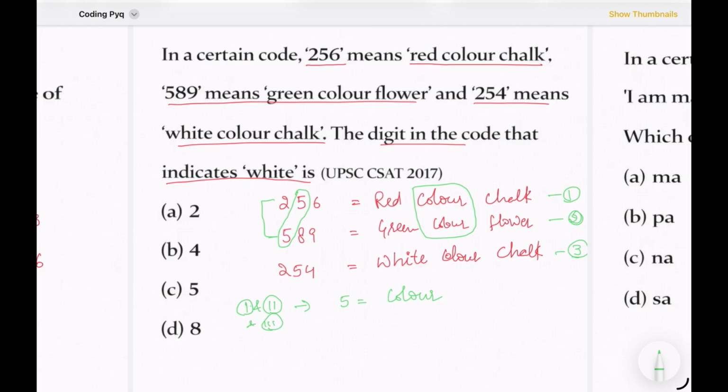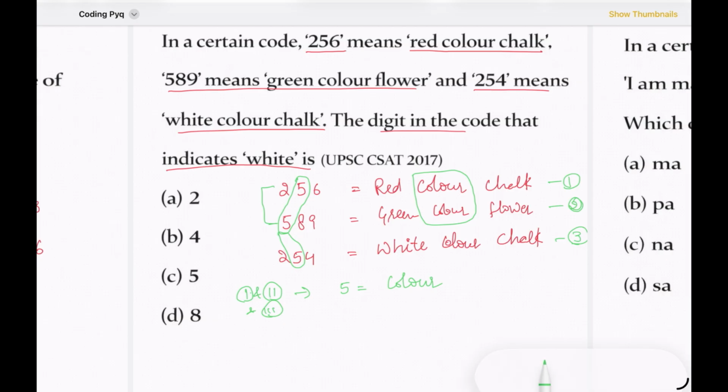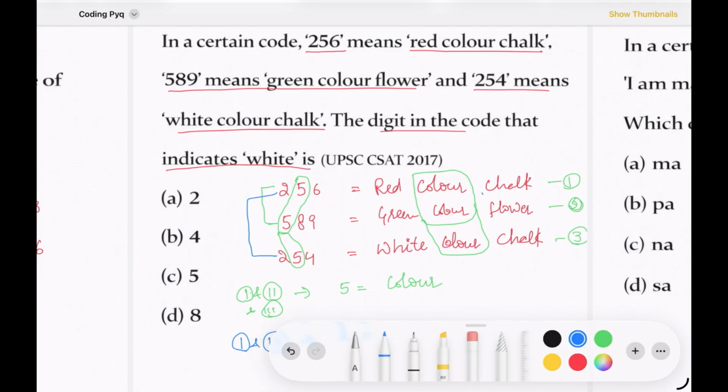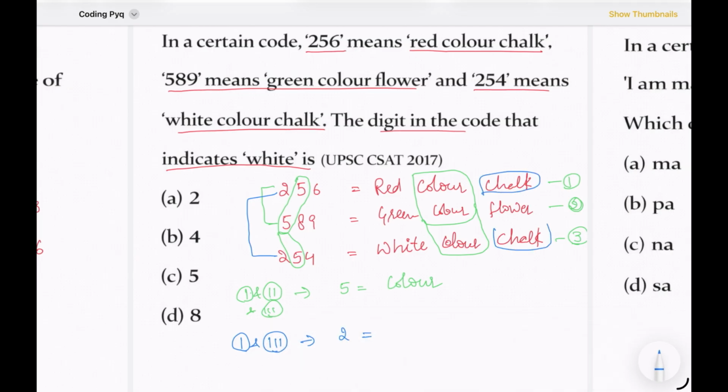Since 5 is common in second and third also. Next, in first and third, 2 is common. And which word is common? In first and third, the word chalk is common. So the digit 2 represents chalk.